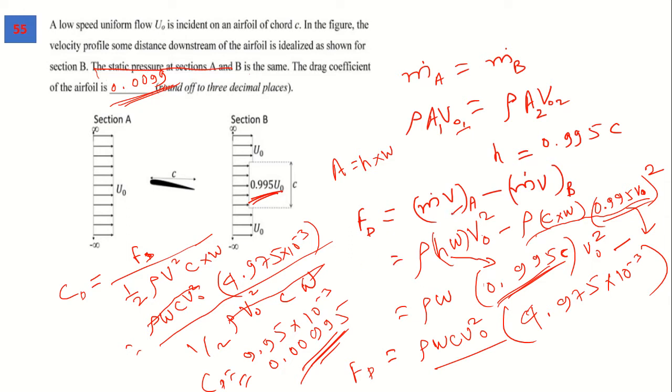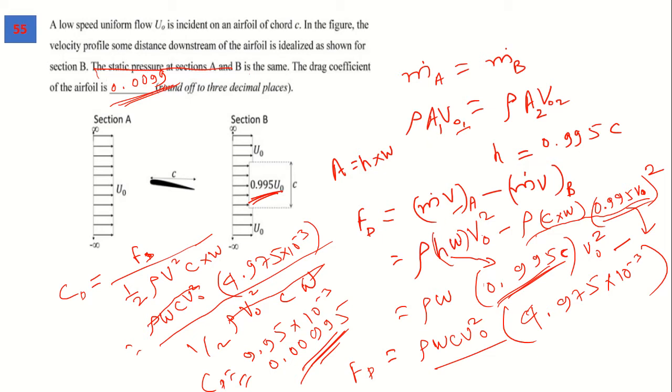So the mass flow rate at A is rho, and we can write area A as H into W, height into width. This is the area.